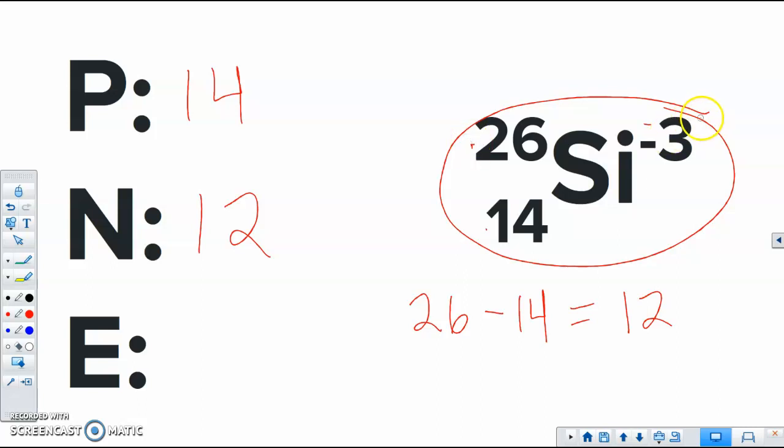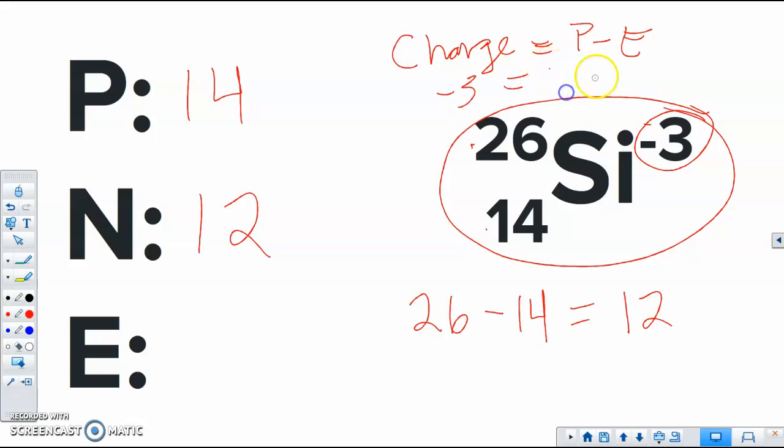Lastly, the electrons. This time we see that our charge is -3. Remember, charge equals protons minus electrons. Okay, so we have -3 equals protons, 14, minus what?